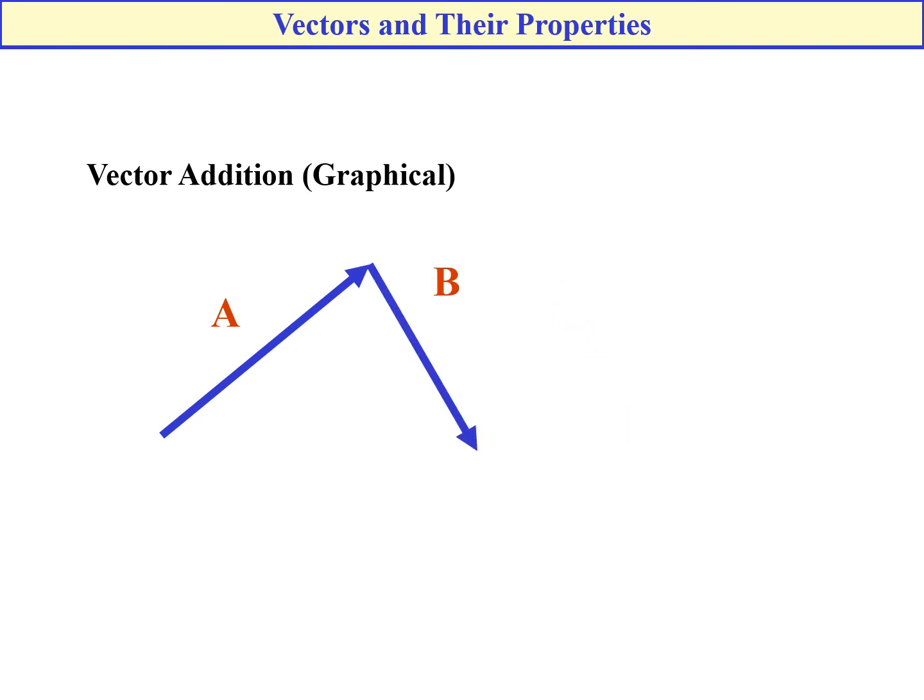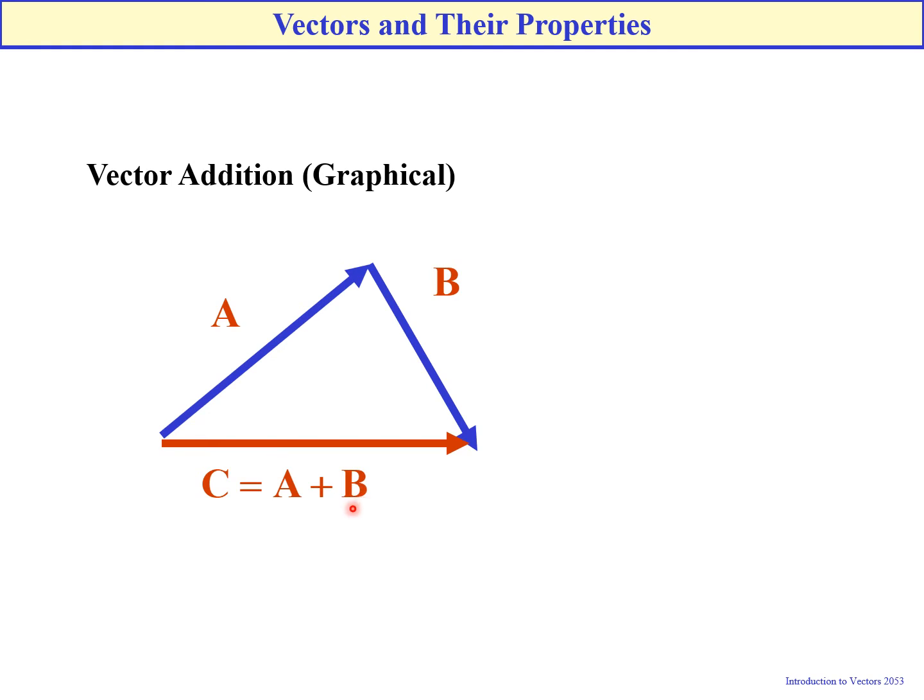And then the resultant, the one vector that these make, starts at the beginning of the first one and ends at the end of the last one. So that is going to be my resultant vector. I take these two vectors and put them together to get one vector here, and we call that vector C. So vector C is going to be A plus B.